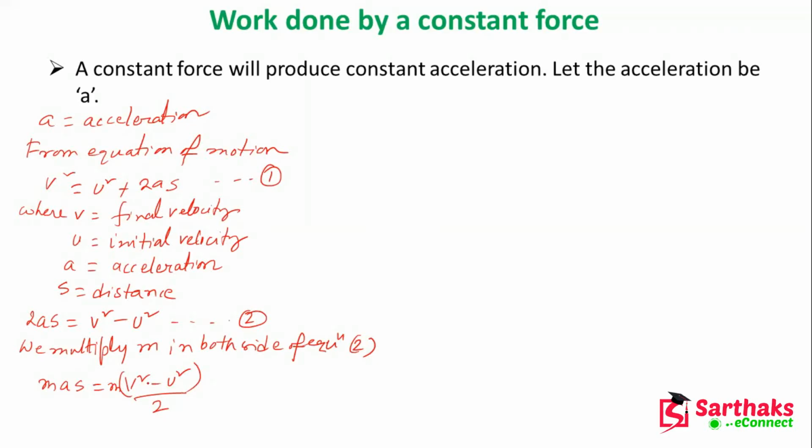Now here, if we compare the above equations, we get that work done by force F, that is F dot S, F into S, equals m v square minus u square by 2.